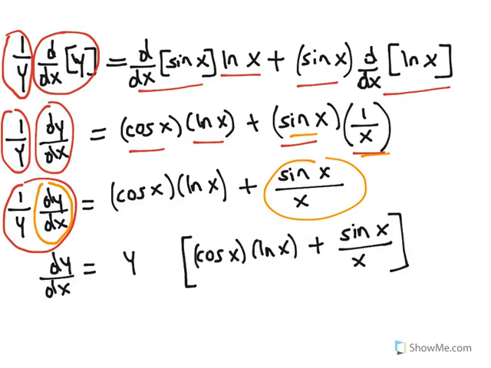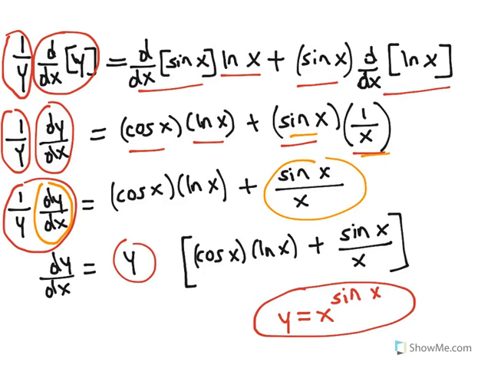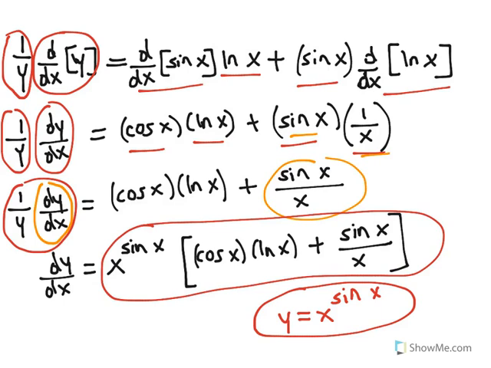So this is what we have. The last thing that we can do is replace y with what y is. So this is our function y that we began with. So we can replace y with x raised to the sine x power. And we have found the derivative of our function. It is right here.